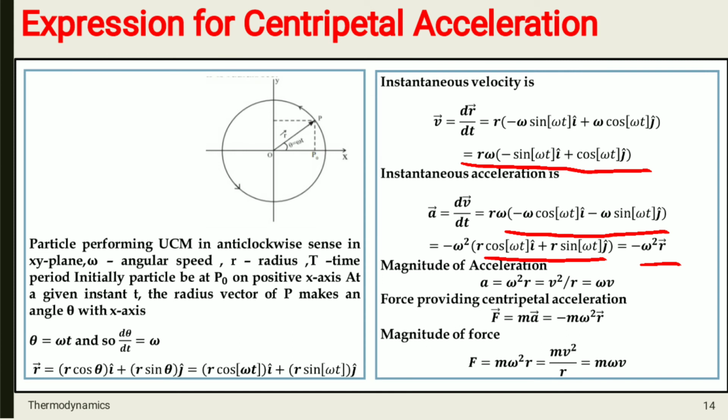This is Newton's second law, force is equal to mass into acceleration, which is equal to -m omega square r bar. That is your equation of force. Then the magnitude of force is F = m omega square r, or you can say m v square by r, which is equal to m omega v.